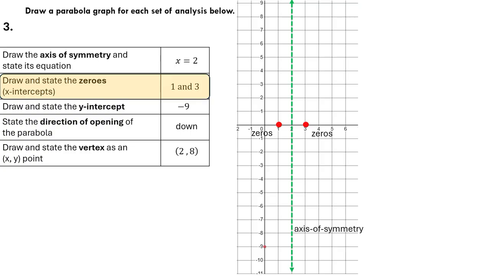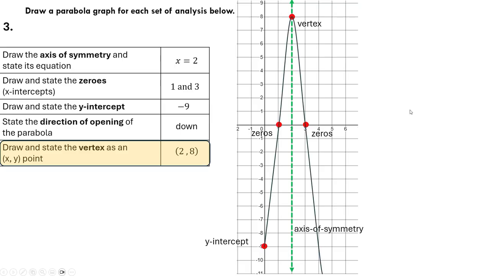Our y-intercept is down here at -9. Our graph opens downward, and our vertex is at 2, 8 up here. So now if we sketch in our graph connecting these points, we'll get a parabola that looks like this.